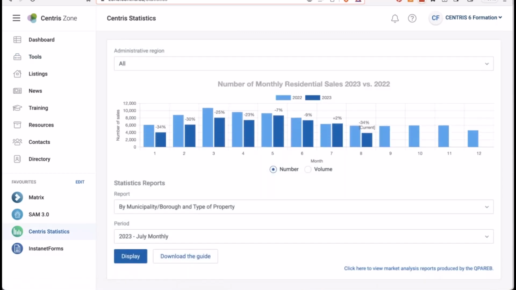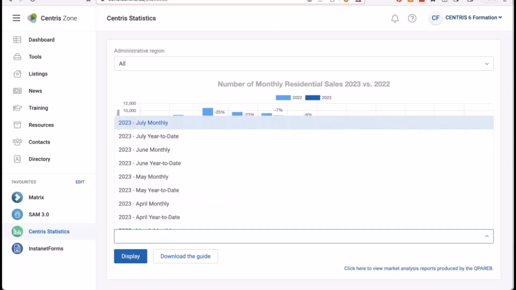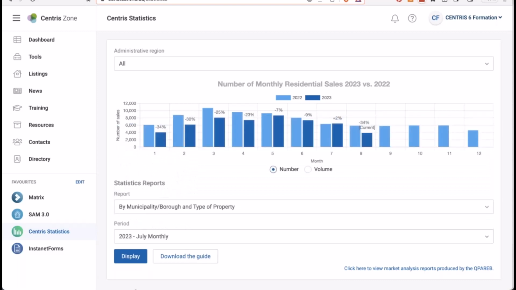So what Centris Statistics is, is the complete report on all the transactions that have happened through Matrix or Centris, okay? And you can select here, so by municipality, borough, and type of property, that's the default format for the report. And then you could select different time frames here. So we can do July monthly and display.